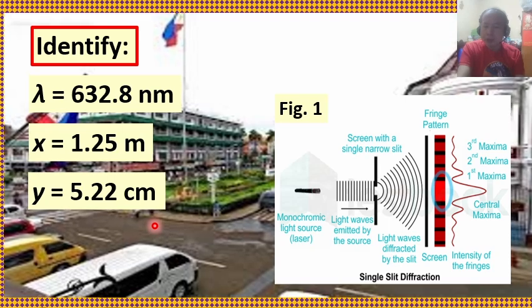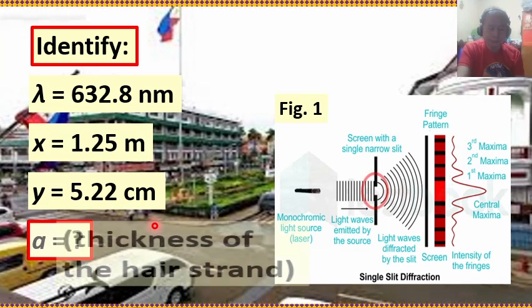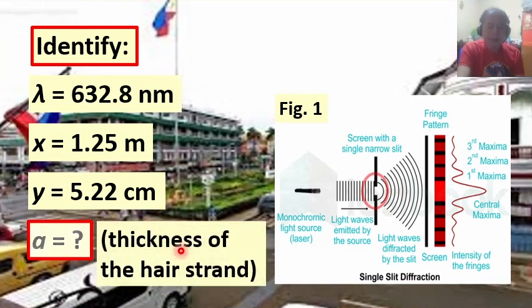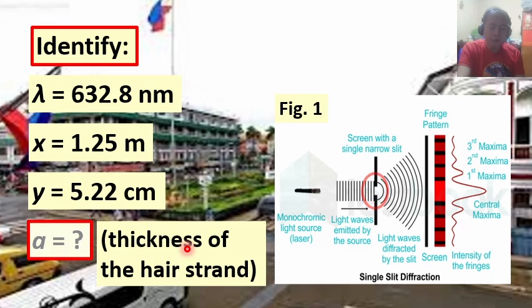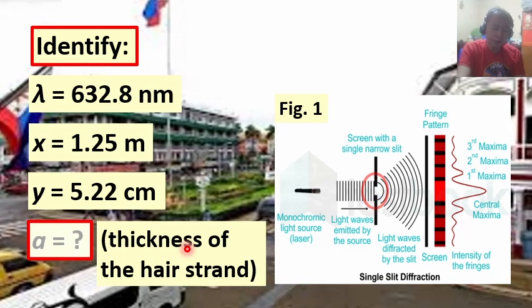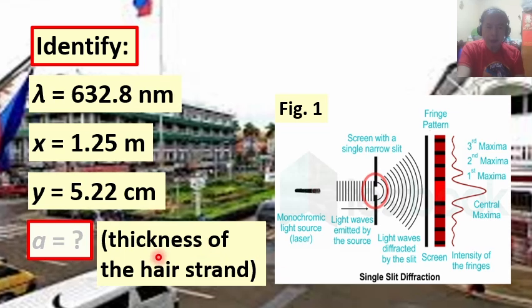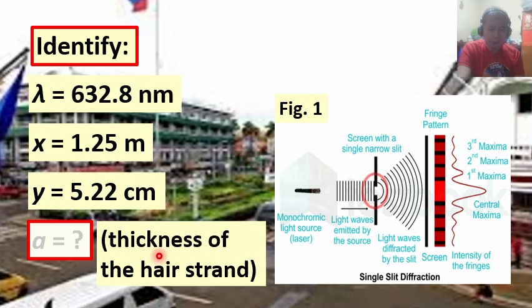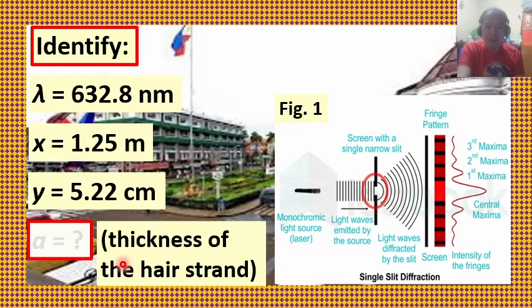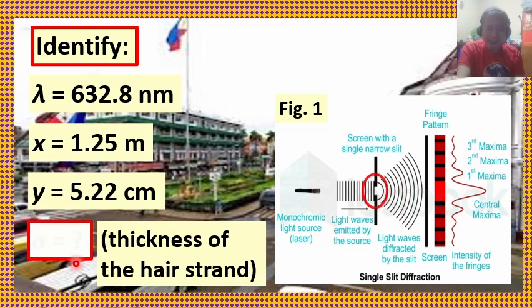So our target variable is the thickness of the human hair strand used in the experiment. So we denote that by small letter a.